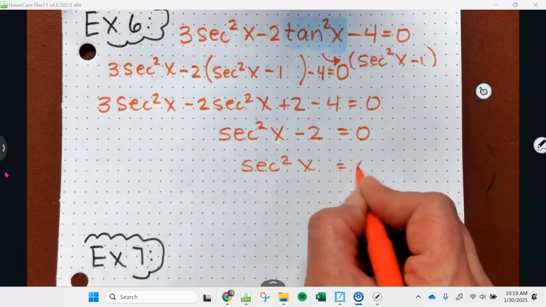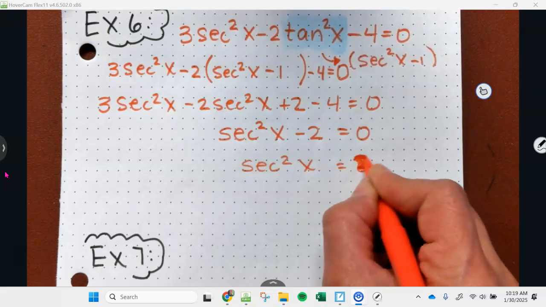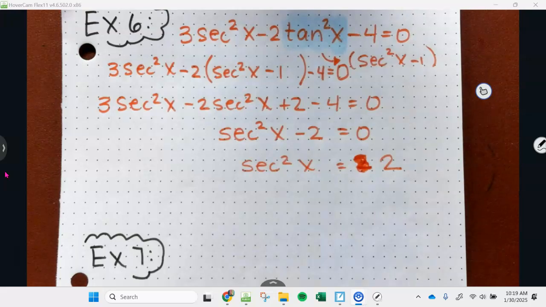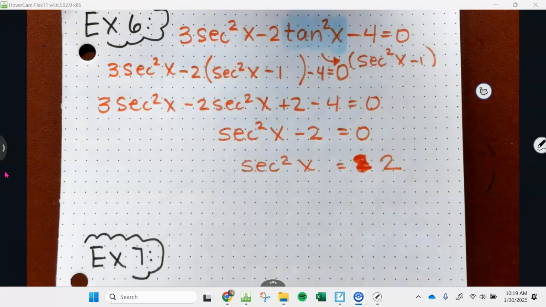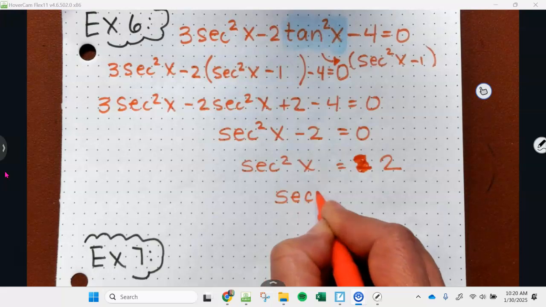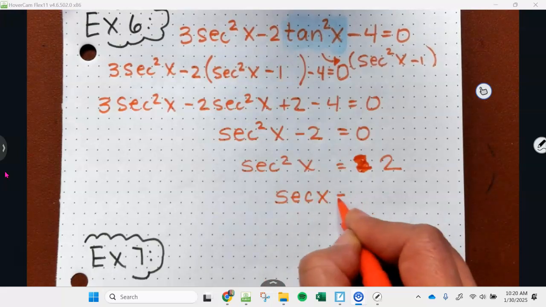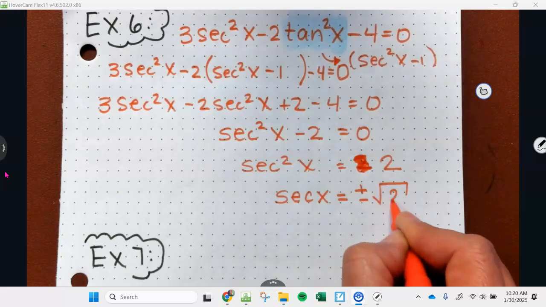So secant squared x equals, oh, no it doesn't. It equals 2. I'm going to square root both sides. Is 2 a perfect square? No, it's not. So plain secant of x is going to equal positive negative root 2.